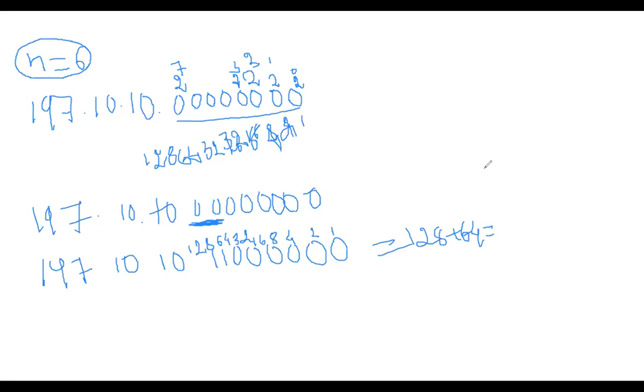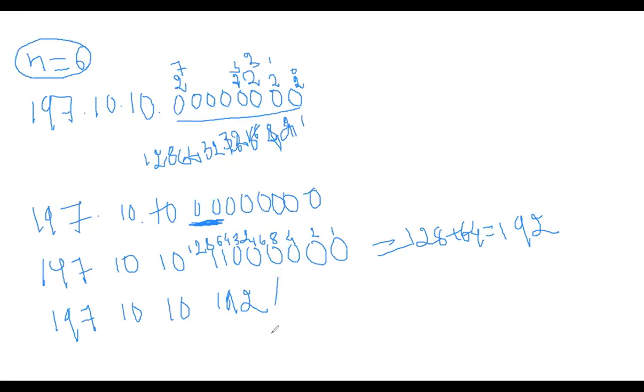This becomes 192. So for 197.10.10 this becomes 192.